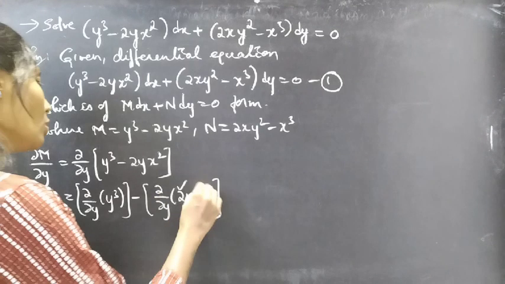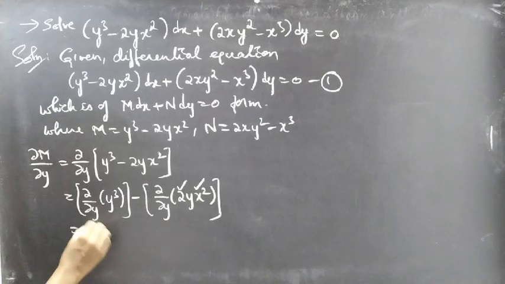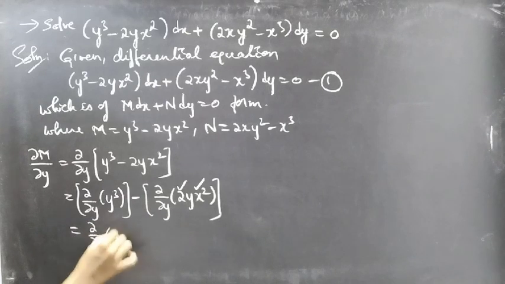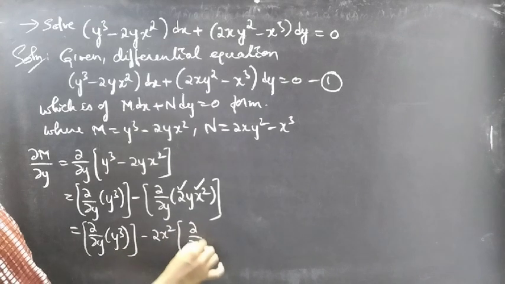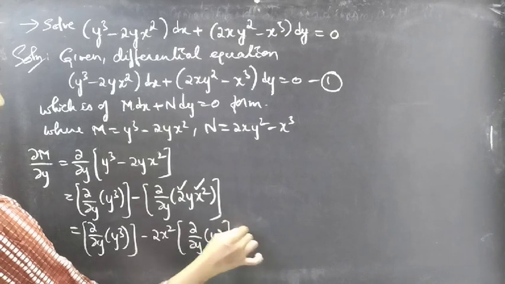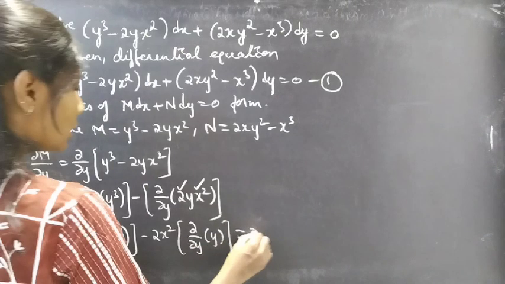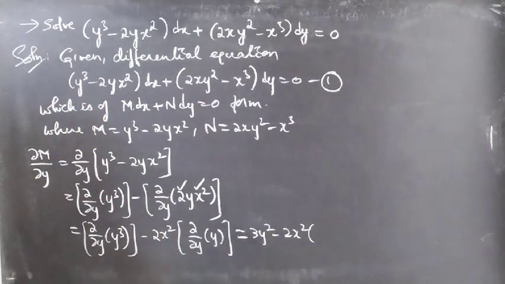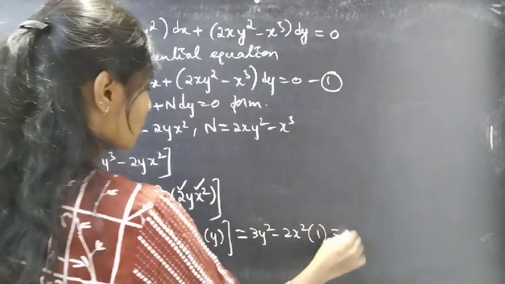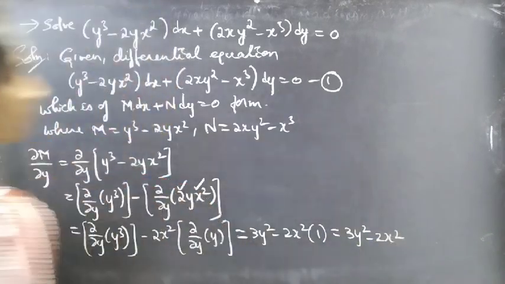So in the second term, 2x square is constant. We can write this as 2x square into dou by dou y of y, which gives us partial derivative of y cube with respect to y is 3y square, minus 2x square into partial derivative of y with respect to y is 1, which is 3y square minus 2x square.